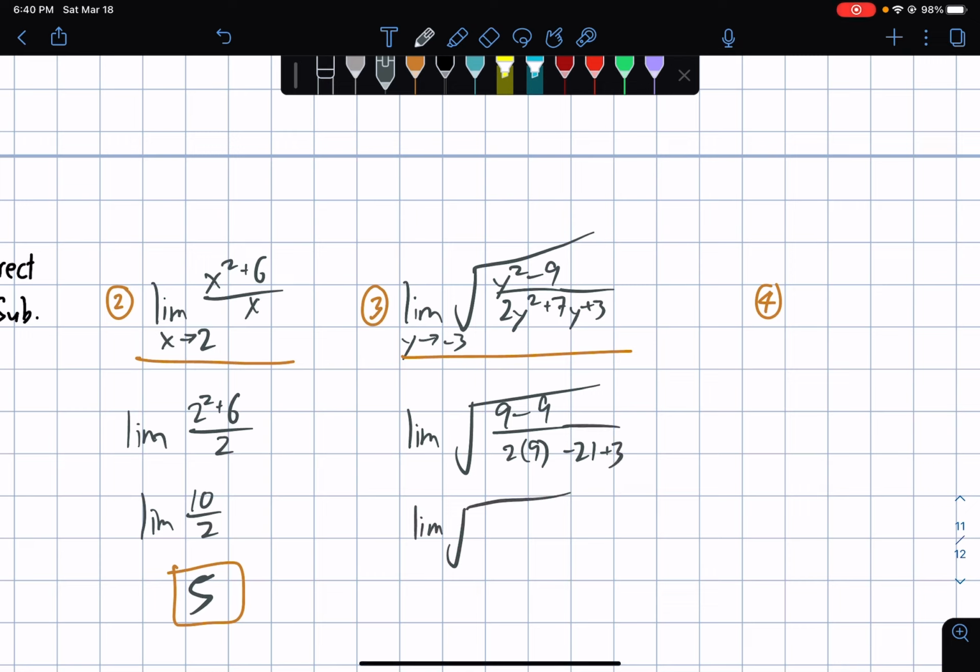Limit of 0 over, I think this is already going to be 1, whatever the denominator could be. So 18, oh, this is also 0. So I think this is 0. Let's double check using Photomath.